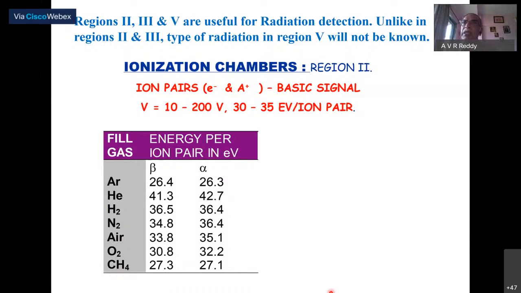Region 2 is called ion chambers, region 3 proportional counters, and region 5 GM counters. Unlike in regions 2 and 3, the type of radiation in region 5 will not be known. So I'll just give an example about the ionization chamber and move on to the scintillation detectors.